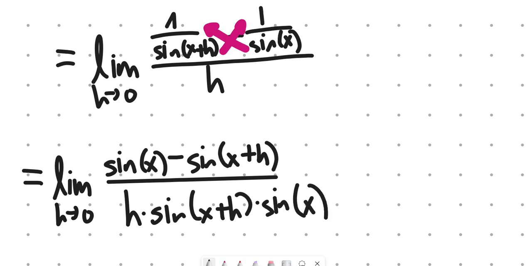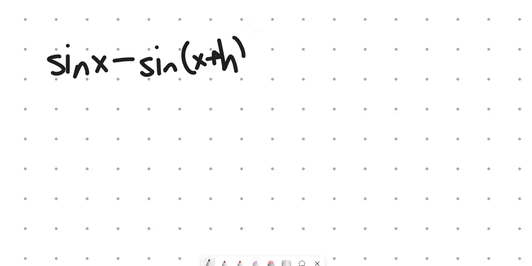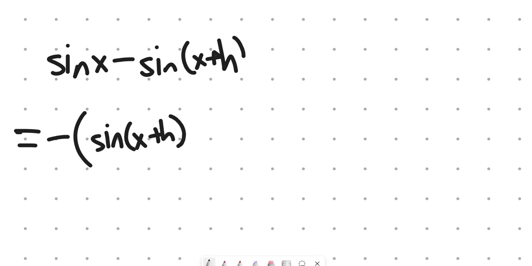Now this is what we have. Now we are going to see what we can find here: sine x minus sine of x plus h. What kind of property do we have here? If you look at this, we can rewrite it as the negative of sine of x plus h minus sine of x.